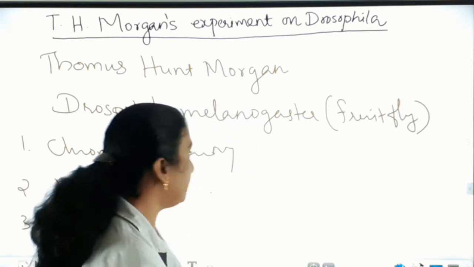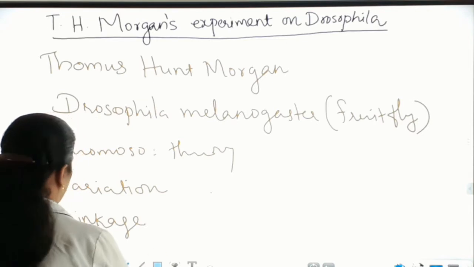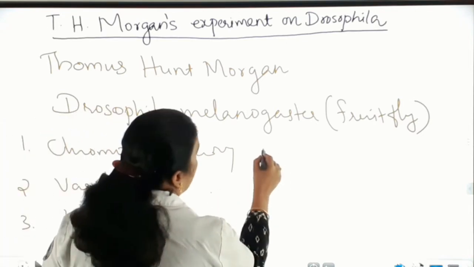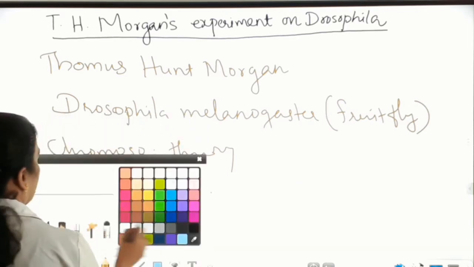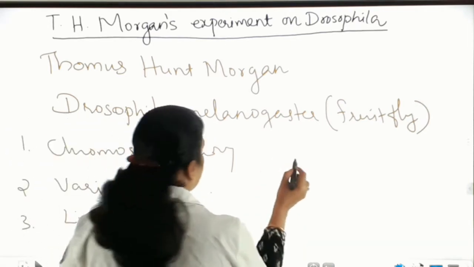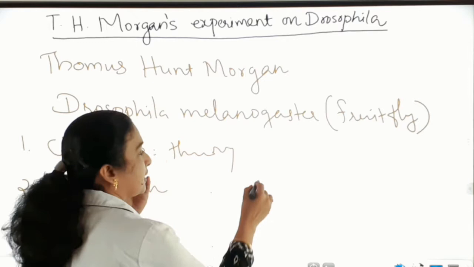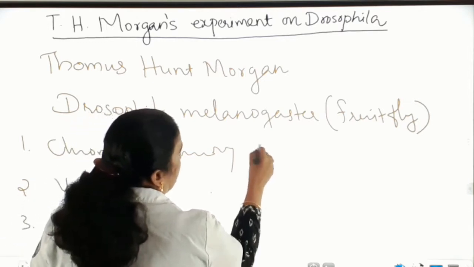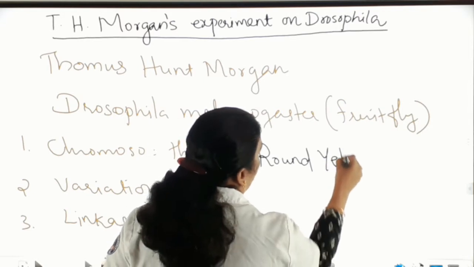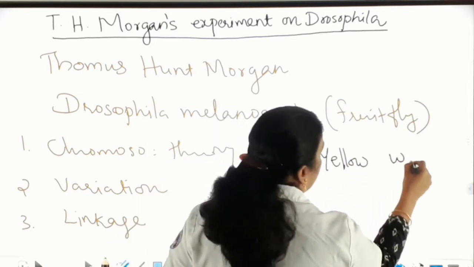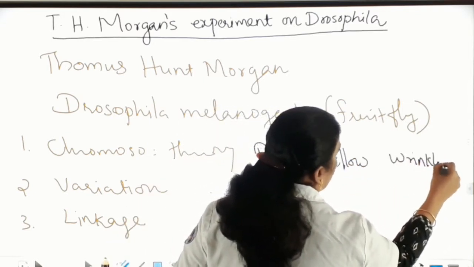For example, in the last class we learned about the round yellow. The experiment was conducted with round yellow and wrinkled green.